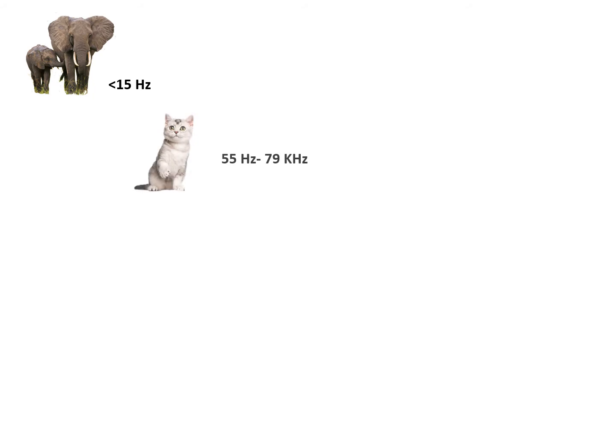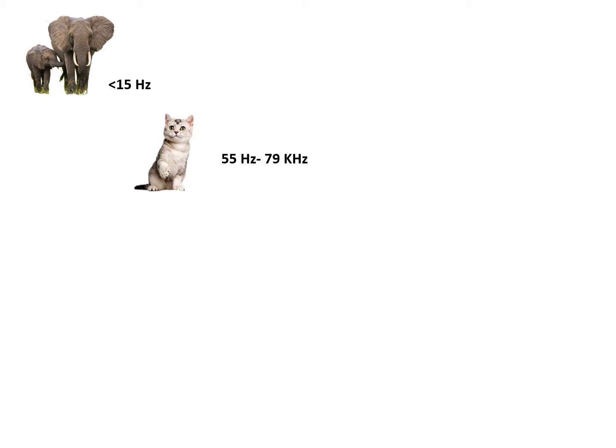The range we just described applies mainly to humans and to many other animals, but for example, some studies report that elephants can hear frequencies below 15 Hz, while other species such as the cat can hear frequencies as high as 79 kHz.